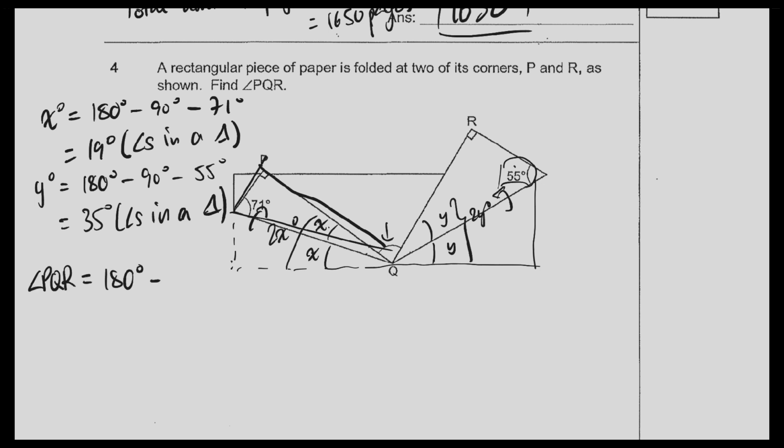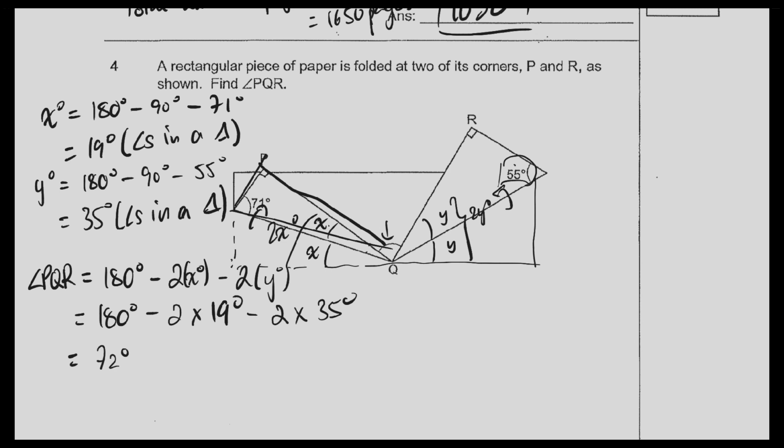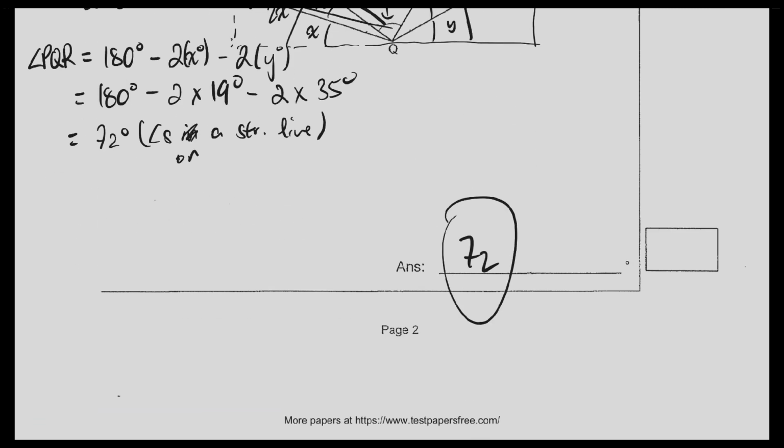It's just 180 degrees minus 2 times x degrees minus 2 times y degrees, which is 180 degrees minus 2 times 19 degrees minus 2 times 35 degrees. If we put it in the calculator, we will get 72 degrees due to angles on a straight line.